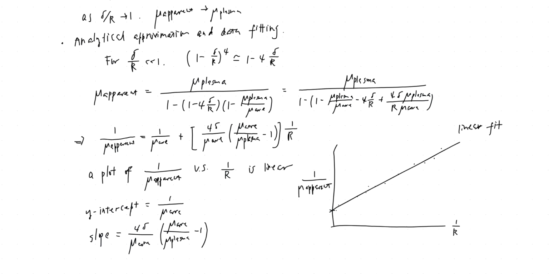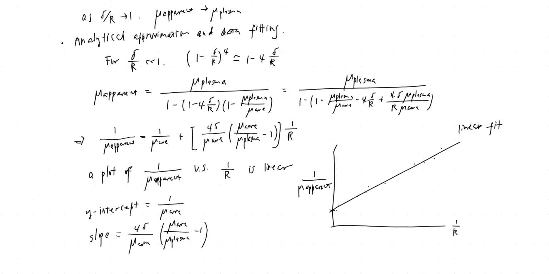You will immediately get the y-intercept after you fit the linear line, and then you can solve for mu core. Once you solve for mu core, you plug it into the slope, because you also know the slope after fitting. Then you can solve for delta.